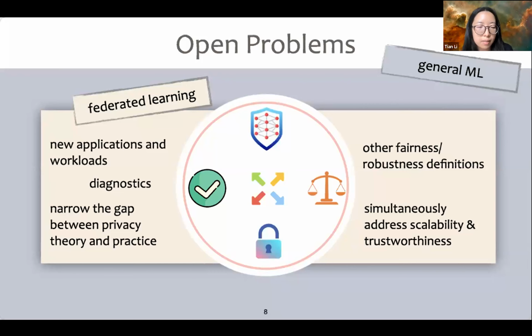And I think some of the recent research has also been discussing other benefits of personalization with regard to other metrics such as fairness or robustness. So by naturally adapting to the data distributions and modeling the heterogeneity properly, I think it will have more benefits that we can explore more.